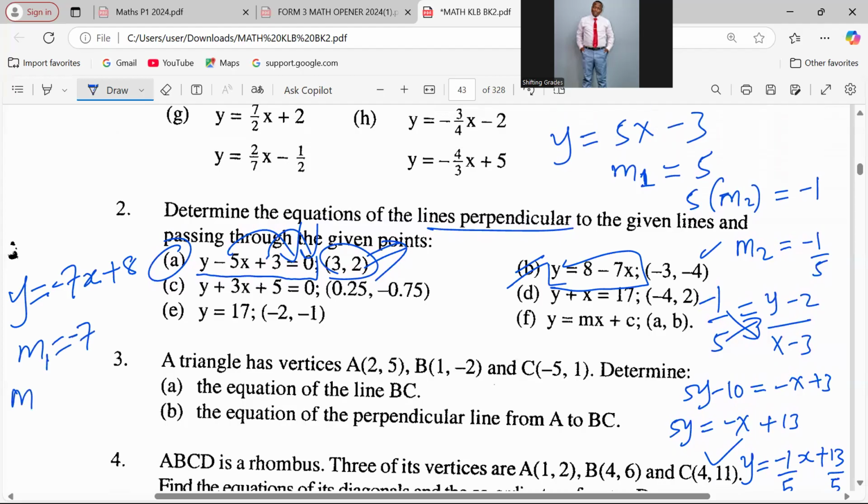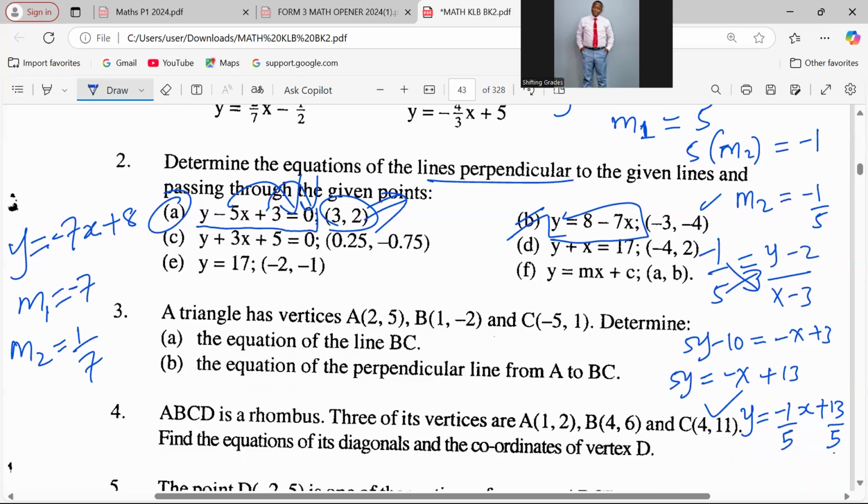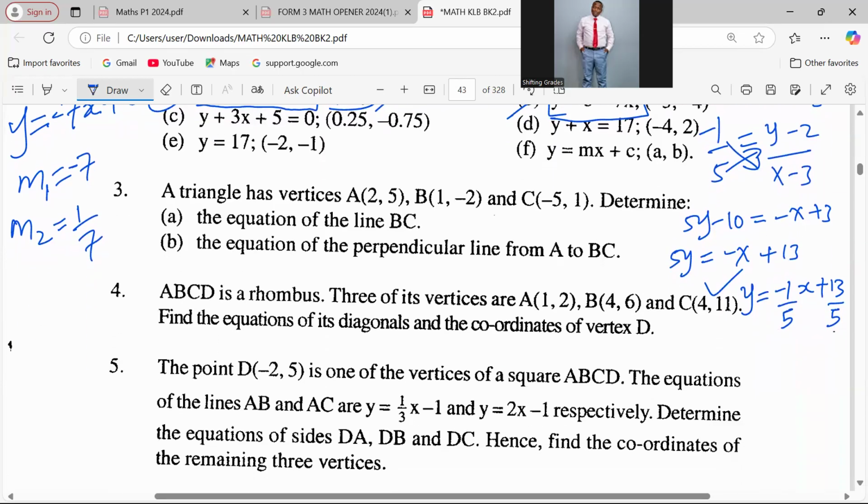So gradient 2 must be equal to 1/7, so that 1/7 times -7 becomes -1.